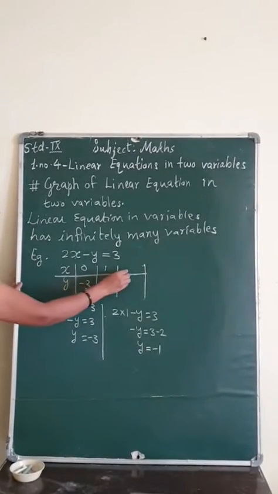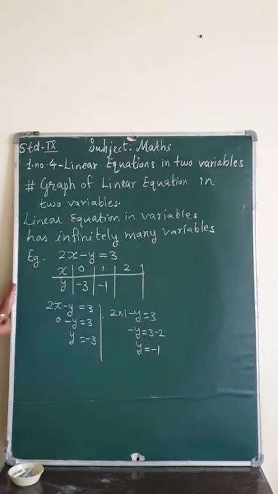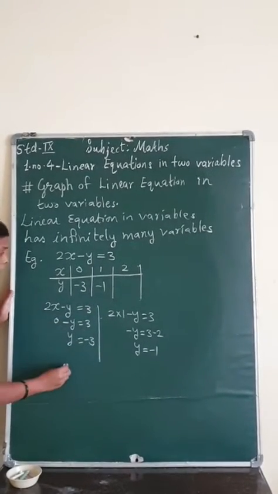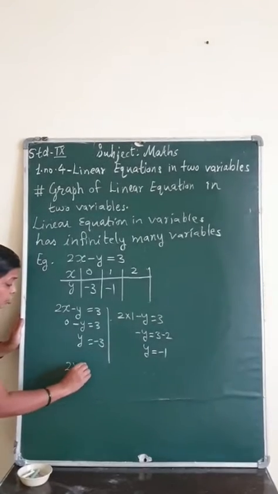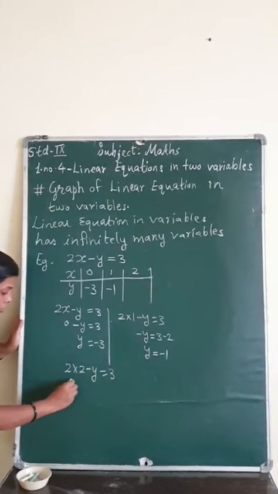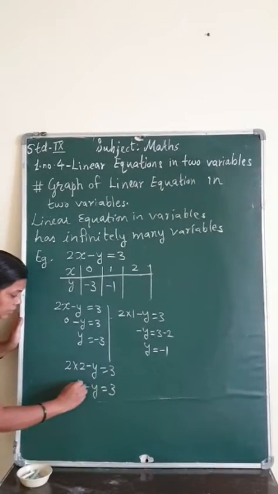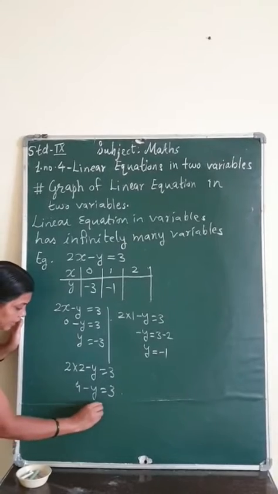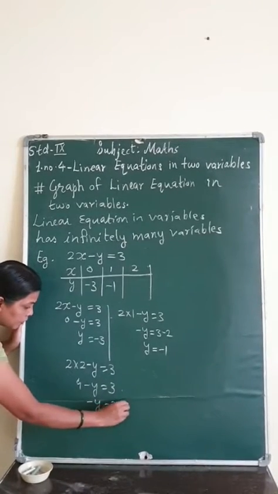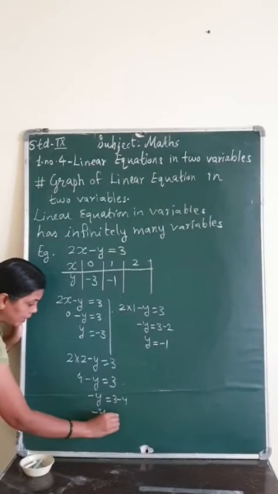One more solution we will get if we take x is equal to 2. Here 4 minus y is equal to 3. Bringing it over, minus y is equal to 3 minus 4, so minus y will be minus 1.